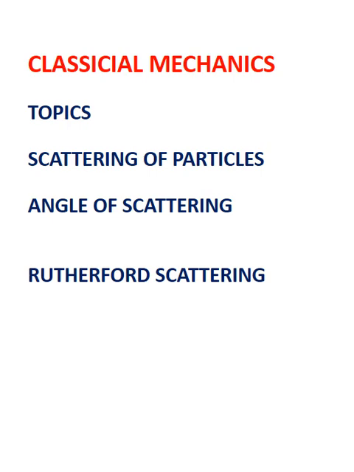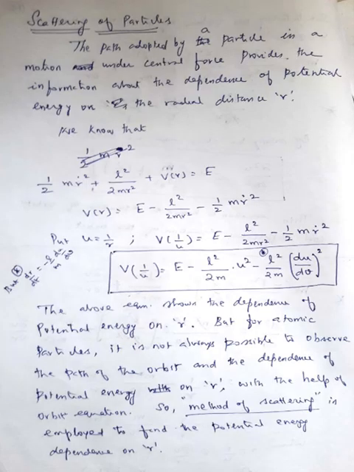Now we will see what is scattering of particles. We heard this term scattering of particles in optics. Similarly, we heard Compton scattering. Then in diffraction also we find the word scattering of particles.